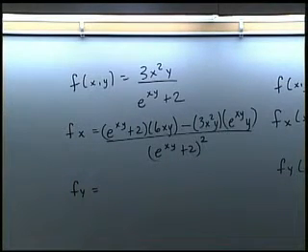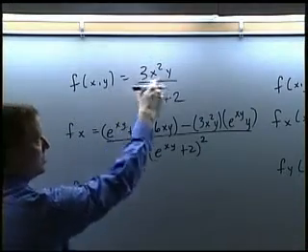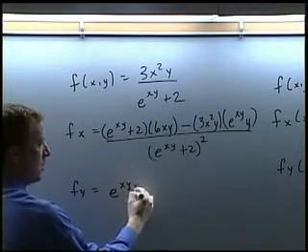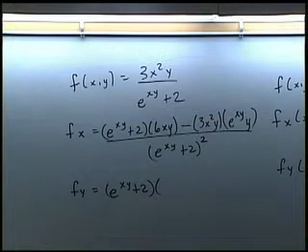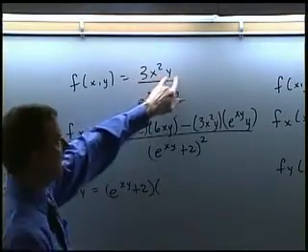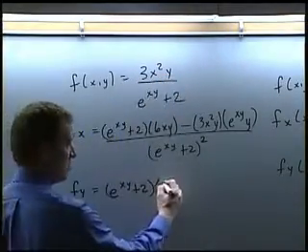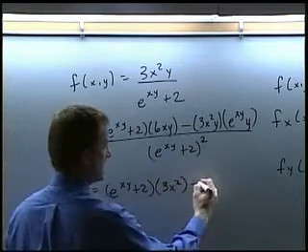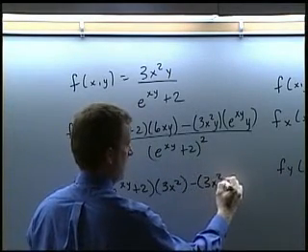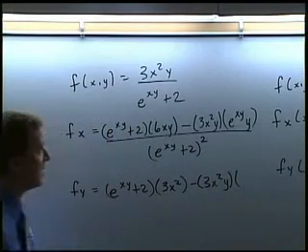Again, we start with the quotient rule, so we start with the bottom. What's the derivative of the top this time? 3x squared, because I've got something times y, so the derivative would just be the something, the 3x squared, minus the top times the derivative of the bottom.